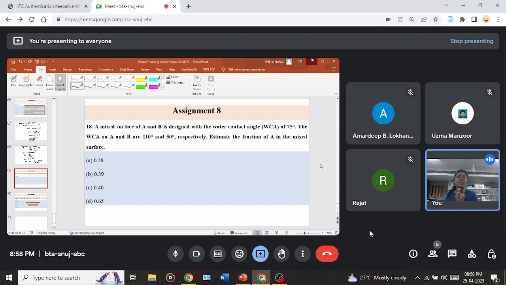So you have to estimate the fraction of A in the mixed surface. Option A is 0.58, option B is 0.39, option C is 0.40 and option D is 0.65.